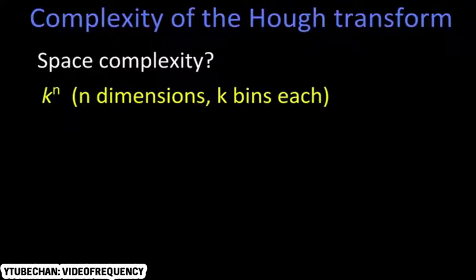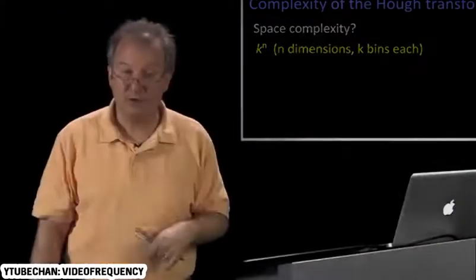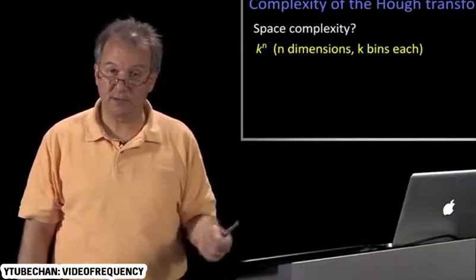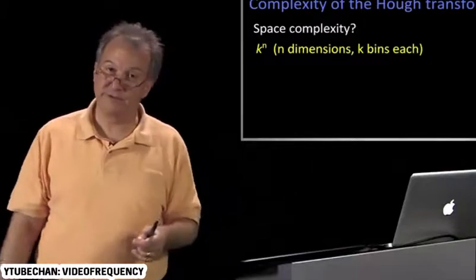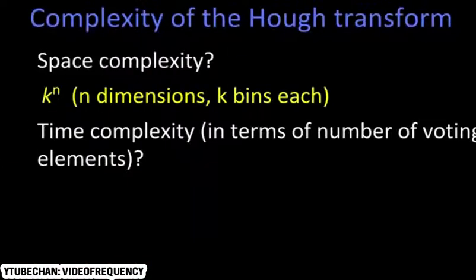That should tell you, and this is going to come up in our next lesson, that adding the number of parameters, which increases n in this case, can be very expensive in terms of memory. In fact, also in your problem set, you're going to try to do something and you're going to blow up MATLAB, and then you're going to figure out how to fix it. What about time complexity in terms of the voting? Well, the nice thing is that the voting is linearly proportional to the number of edge points.